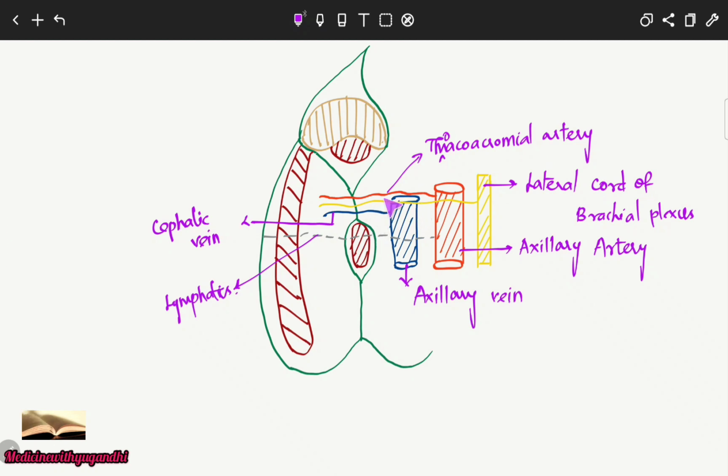Then the lateral pectoral nerve, supplying both the pectoralis minor and pectoralis major muscle. So this is the lateral pectoral nerve. And then the lymphatics also pierce the clavipectoral fascia.